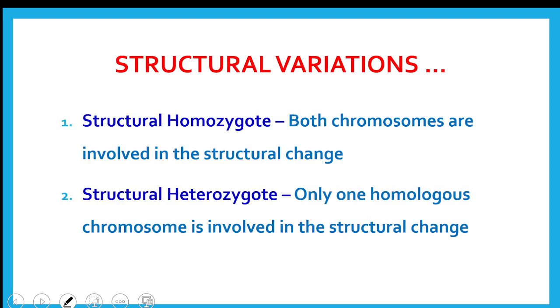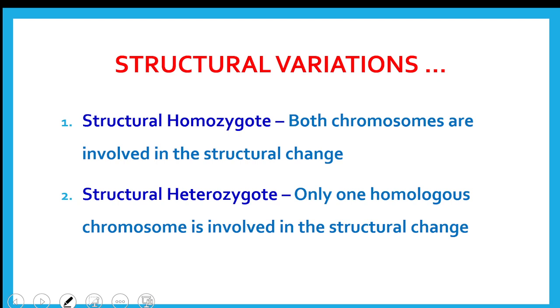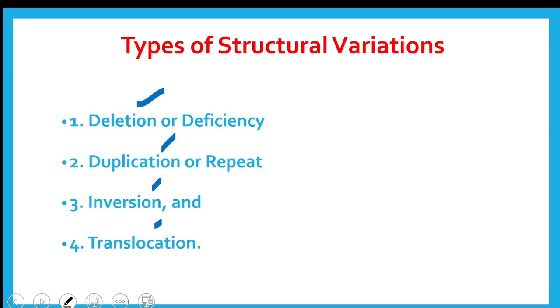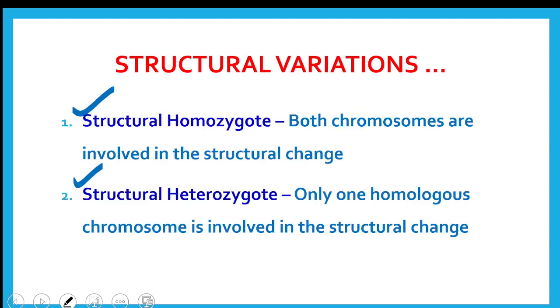These structural variations, whether it is deletion, duplication, inversion or translocation, we call structural homozygotes or structural heterozygotes. That means a deletion can be homozygote or heterozygote, and so on for all of these.